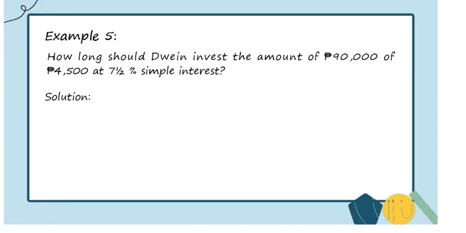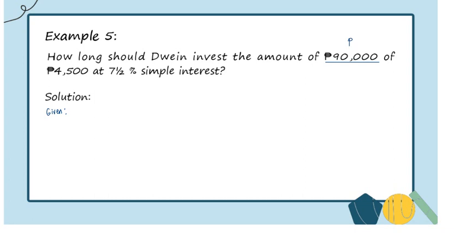Again, we try to find the given values. We could make use of this first value, which is 90,000 pesos. Dwayne invests the amount of 90,000 pesos. That means this is going to be our principal amount, because per definition.